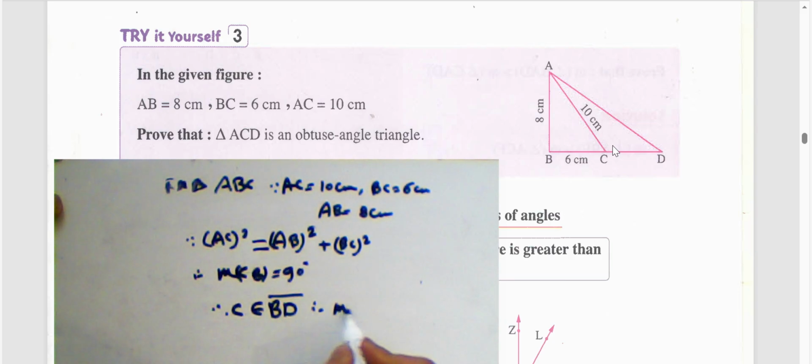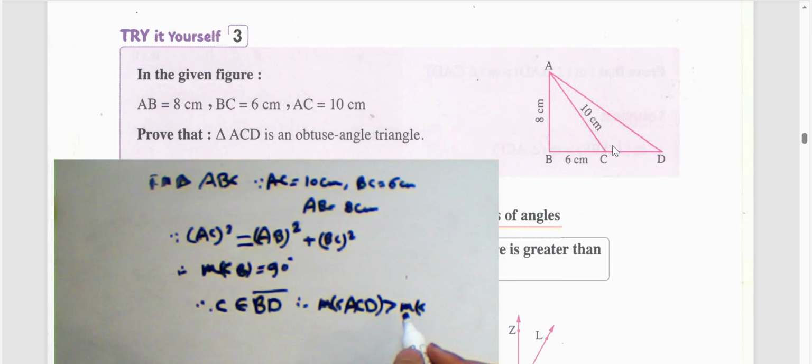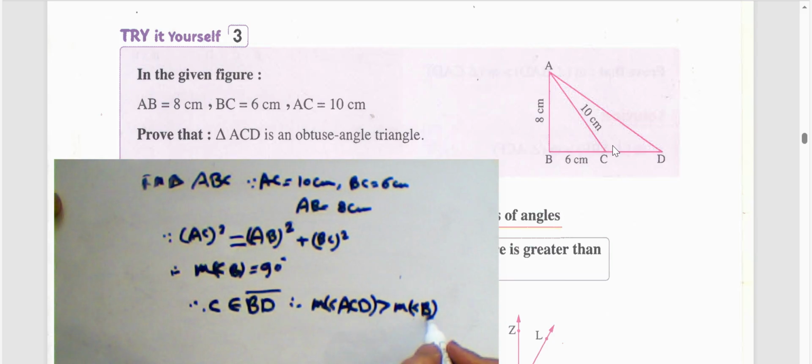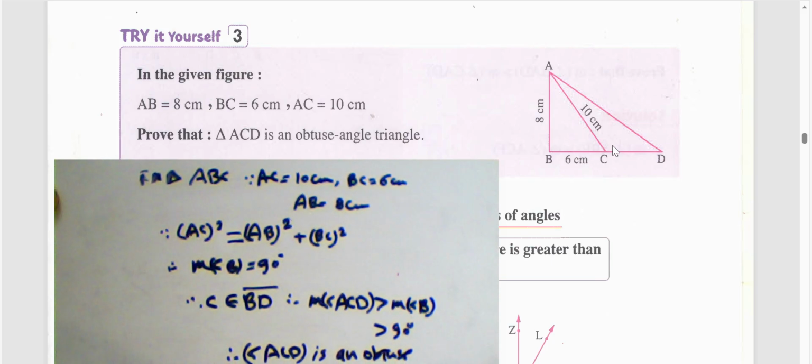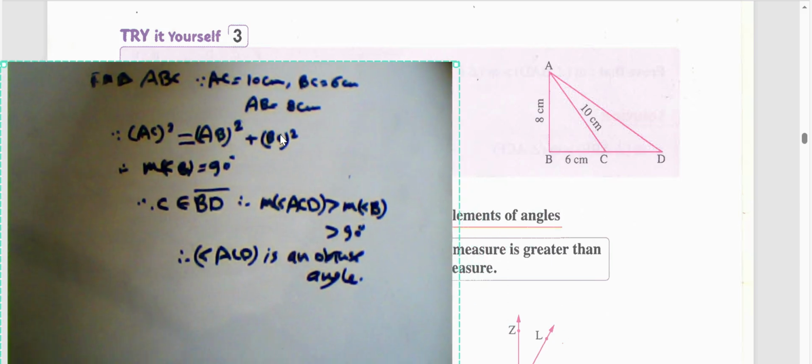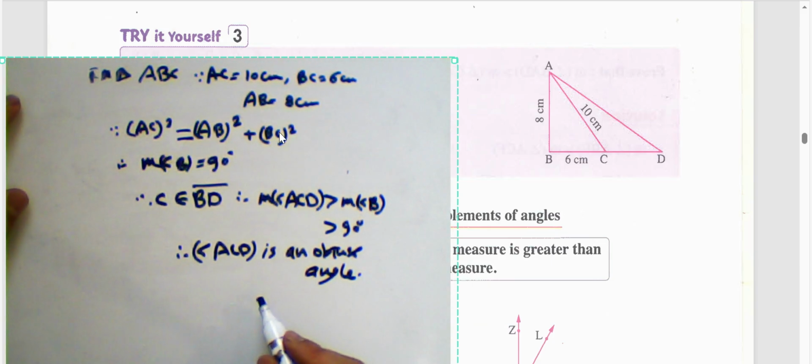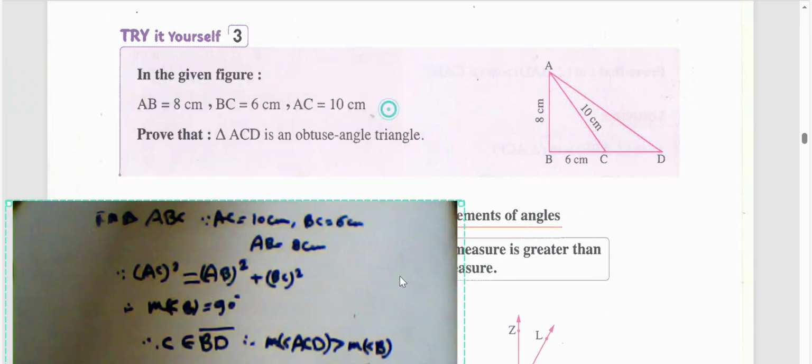Then the measure of angle ACD is greater than the measure of angle B, greater than 90. Then angle ACD is an obtuse angle. This triangle would be an obtuse angle triangle.